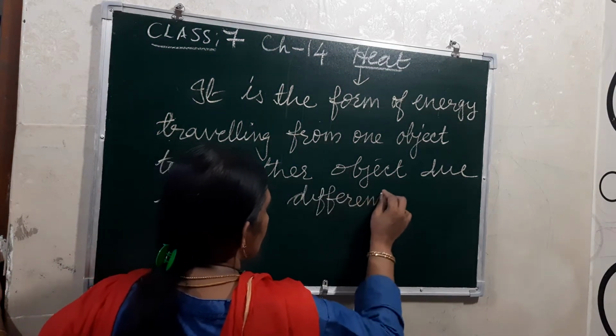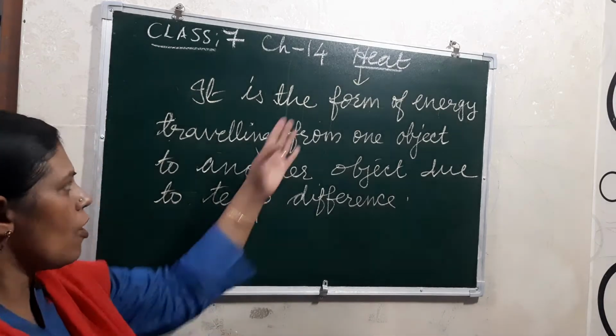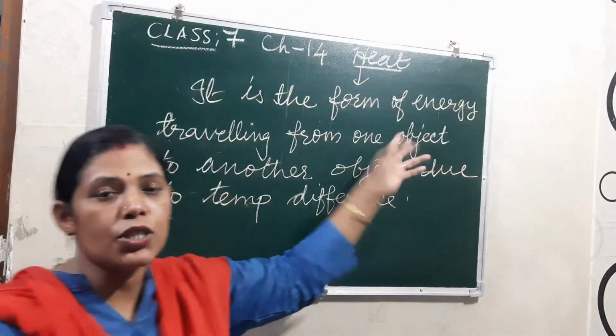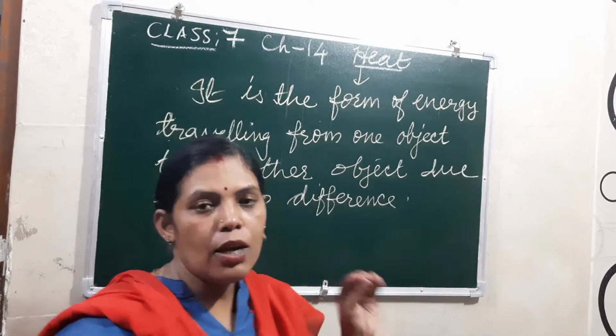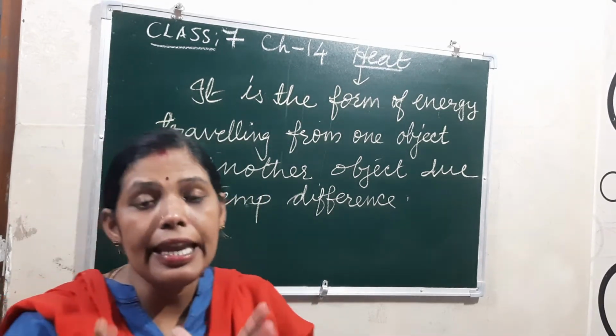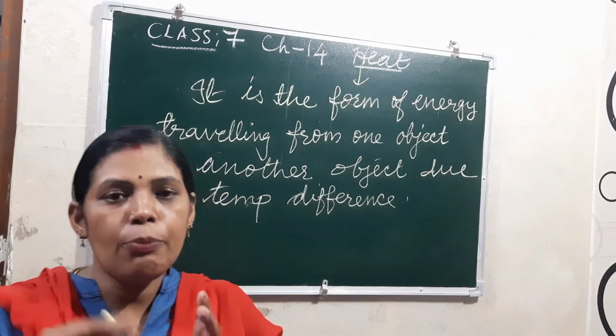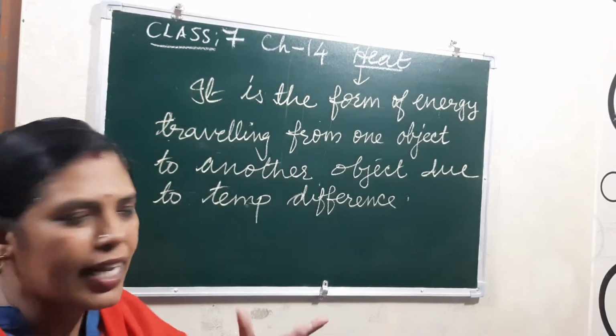Understood? What is heat? Heat is the form of energy traveling from one object to another object due to the temperature difference. Now, for example, if we boil water in a kettle, what happens, children?